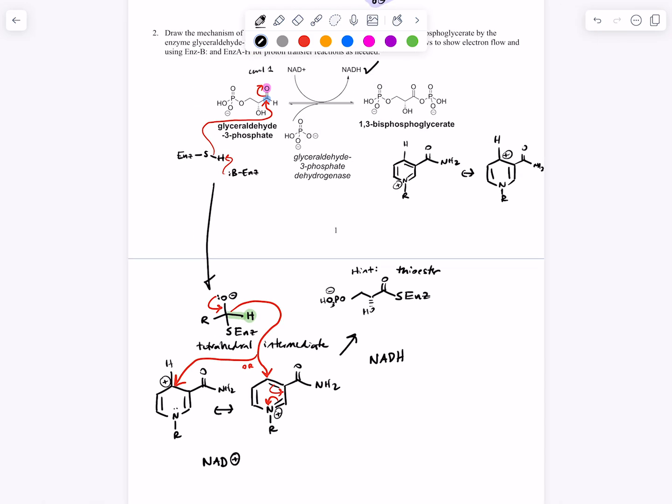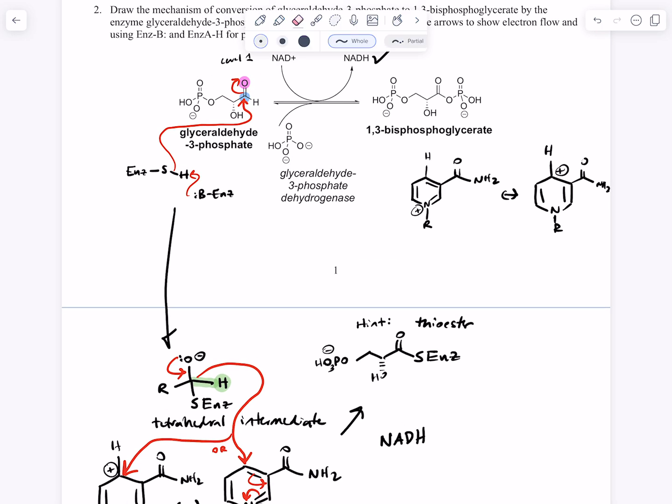So we've explained the NADH, but if you compare the product to this thioester intermediate, notice that the carbonyl carbon and the carbonyl oxygen are still there, but the group attached to the carbonyl has been swapped out. It used to be a thioester, and now it's an acyl phosphate.